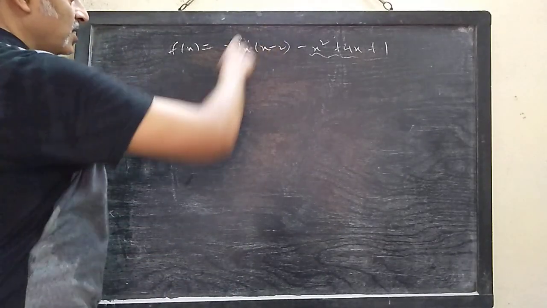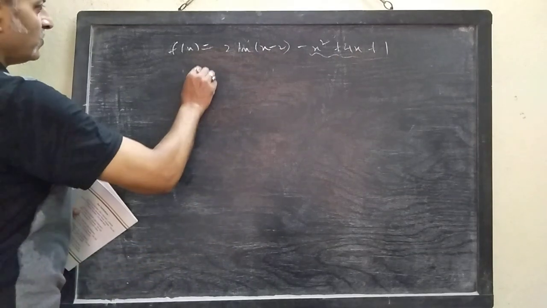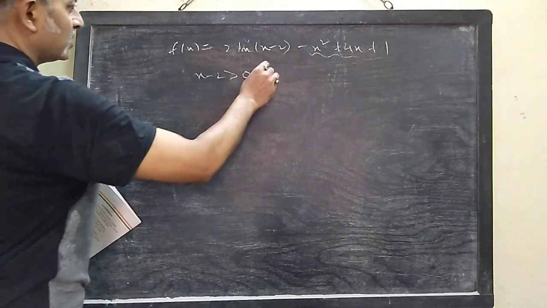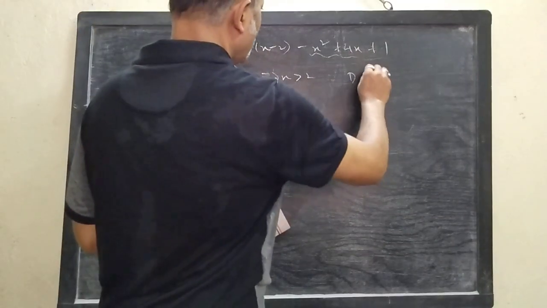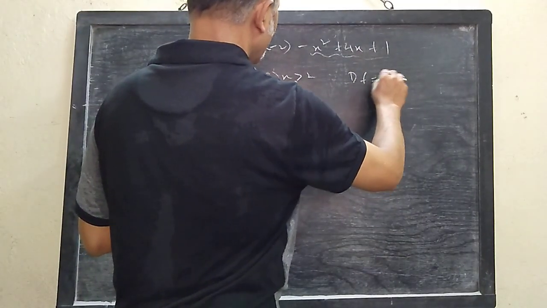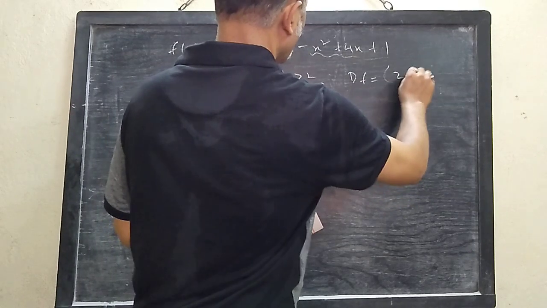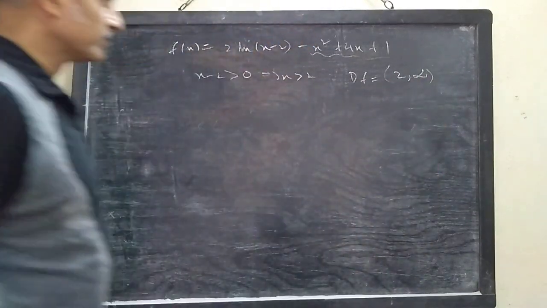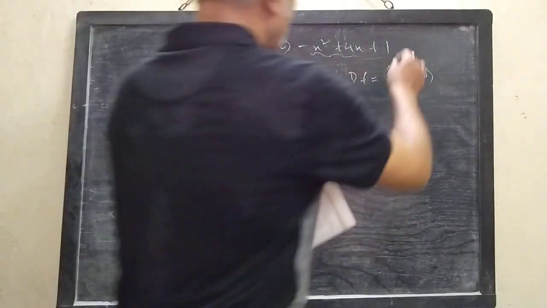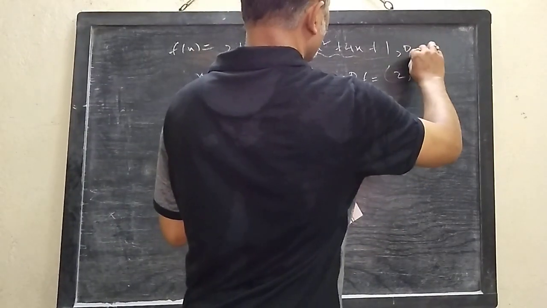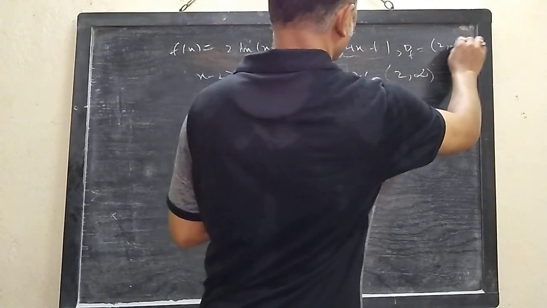So you have to check this part. So this part will be defined only when x minus 2 is greater than 0. That is x greater than 2. So your Df will be open 2 to infinity. This will be your domain of definition. Write Df here. Df will be open 2 to infinity.